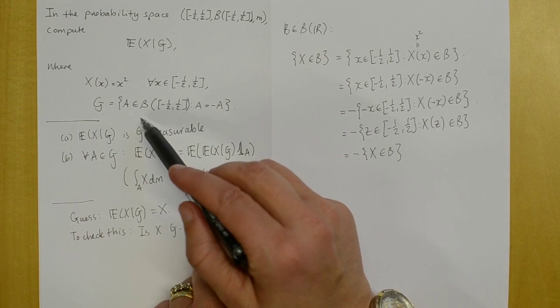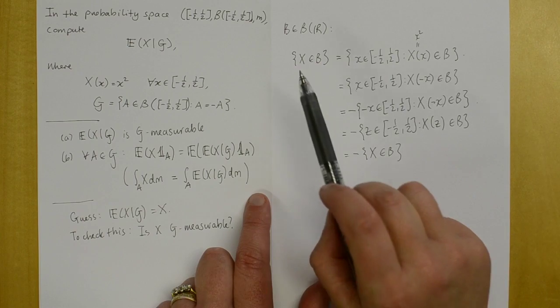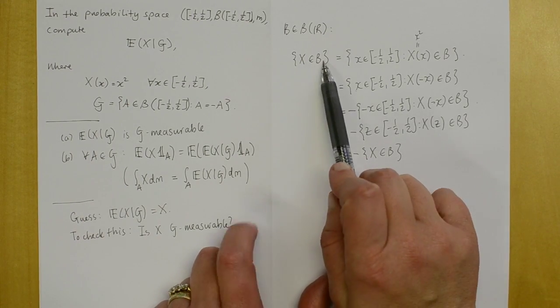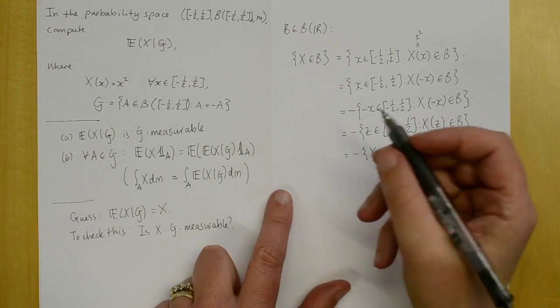Now the question is, is it a Borel set? Yes, this is a Borel set. The reason why it's a Borel set is because X is continuous, and we know that continuous functions are Borel measurable.